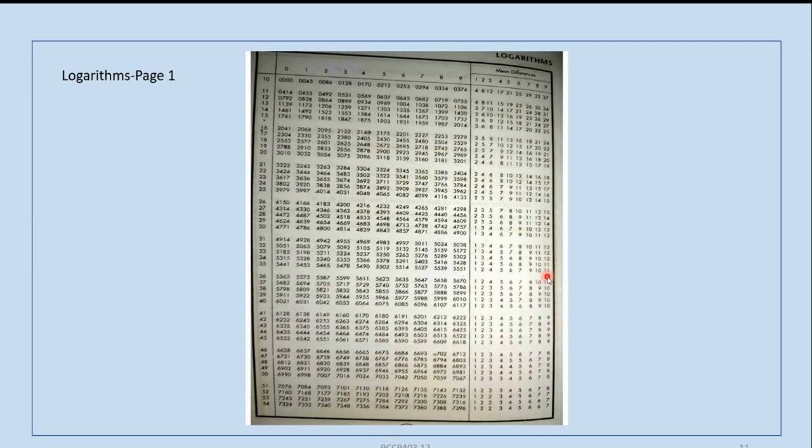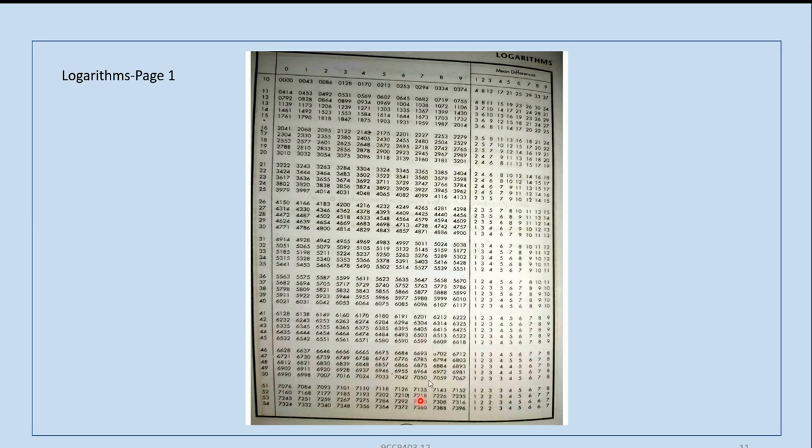Just now I have explained how to calculate the logarithm for 3589. So the 3589 logarithm is 3.5550, and then we will take the logarithm of 7599.